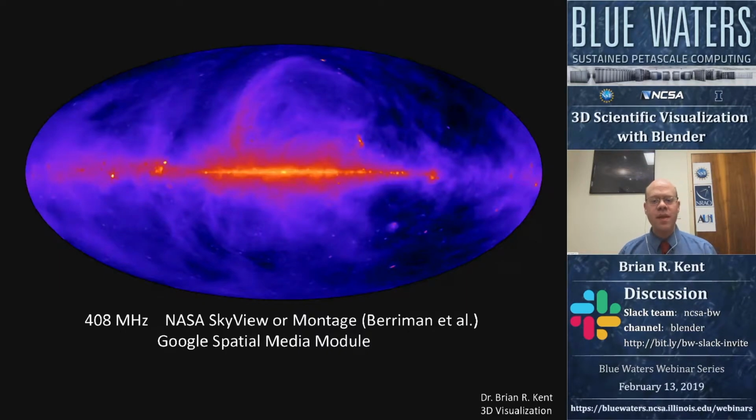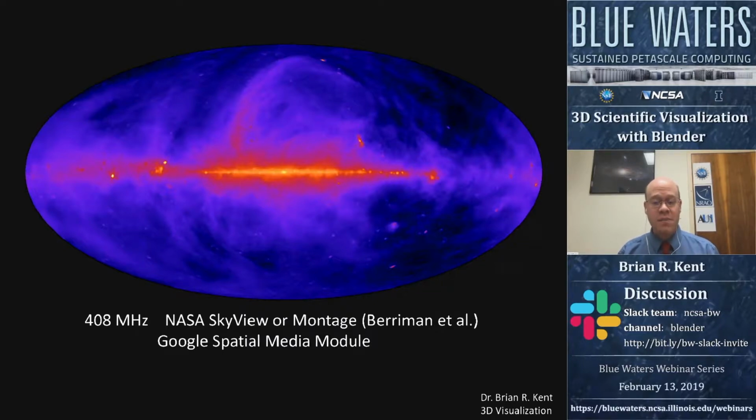And one of the things that I've been working on recently is actually using Blender to project and remap all sky maps at different wavelengths and frequencies, and combining that with the Google Spatial Media Module, which comes both as Python code and as a standalone built binary, to actually use the data viewer that everyone has in their hands all the time, which is either your tablet or your phone.